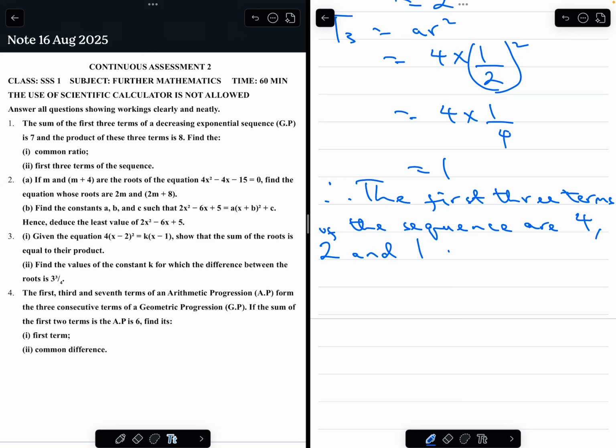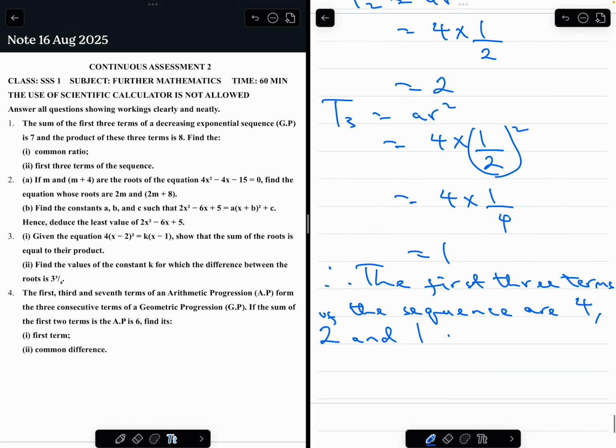Those are the first 3 terms of the sequence. And that's it.